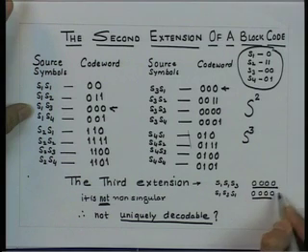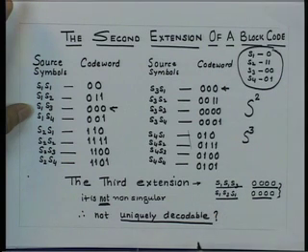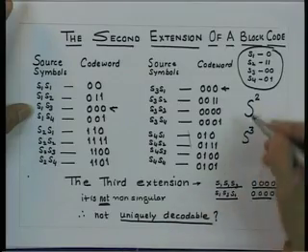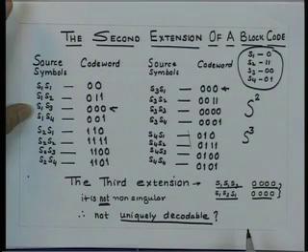Now, in this case you will find that the code words are the same for two symbols in the third extension of the source given earlier.